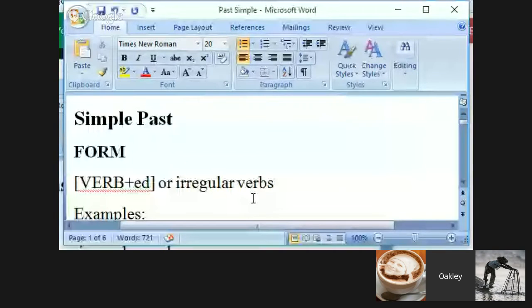Okay. I'm going to do a little screen share and let's talk about the old simple past. The form, first of all. With regular verbs, we simply take the base form of the verb and add ed. And then, of course, we have irregular verbs in English where it won't work to just add ed.